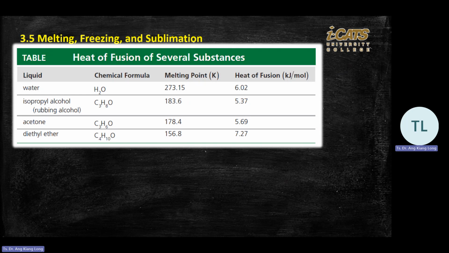You will see a lot of parameters in the columns: delta H vaporization at 25 degrees C, boiling point, delta H fusion, and so on. So you'll see a long list in the table in the test or final exam. You won't see something like this. So at least you understand what heat of fusion is.